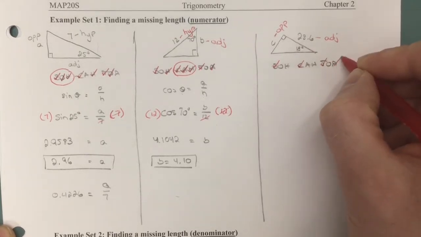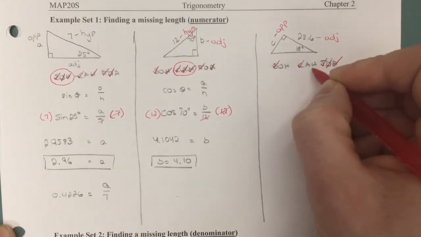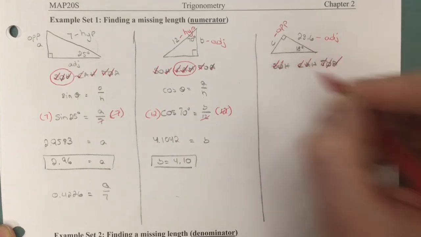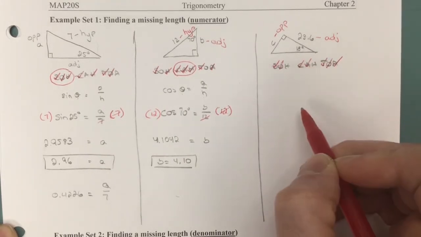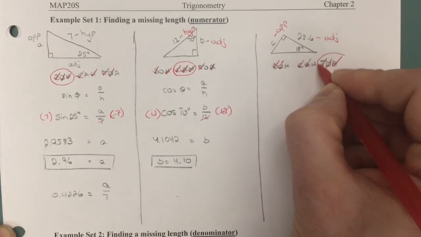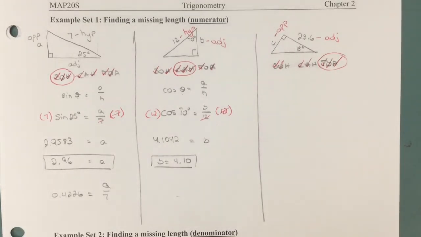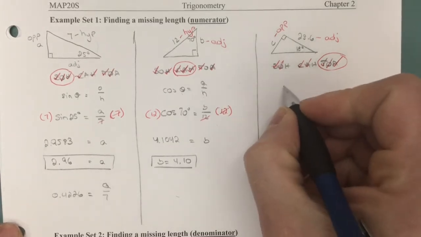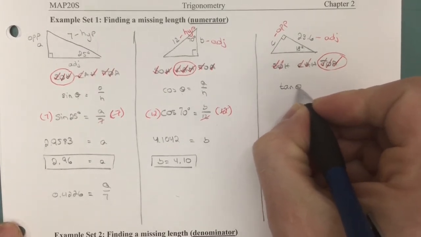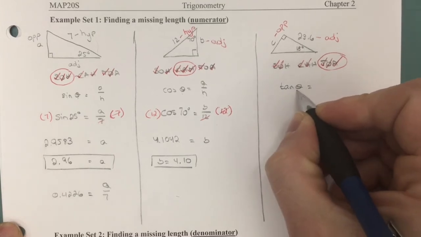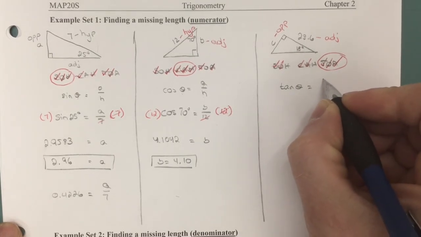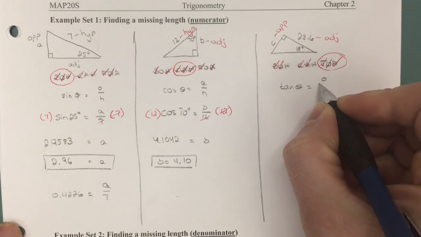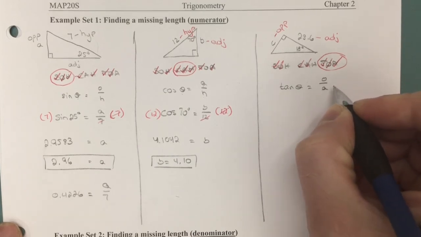Which means I have the adjacent and I have the opposite, and you can see that from these three, the third one is the one that you need to be using because you have two of them and are missing the third one. And so we will set up the equation again, just the equation for now, and then we will put in the numbers. So tan of the angle is equal to opposite in the numerator divided by the adjacent in the denominator.